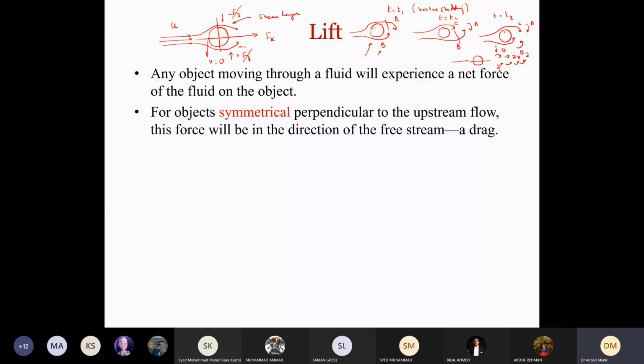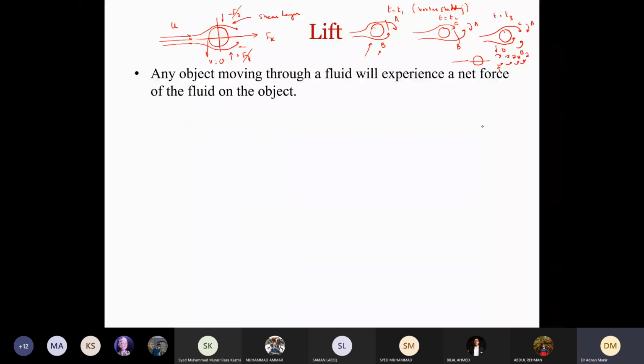Now if I plot this vortex shedding, with t as time and F as the lift force, for example: when this top vortex is shed, it will generate a force in the downward direction. When this bottom vortex is shed, it will generate a force in the upward direction. Both these forces will be the same, but their timing will be different.